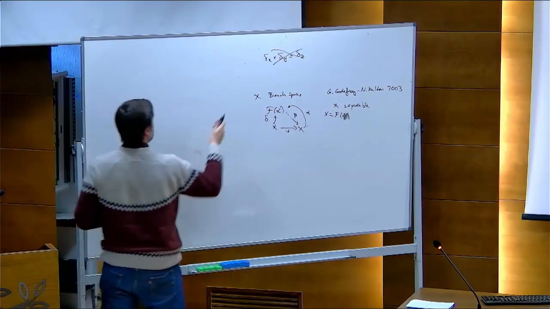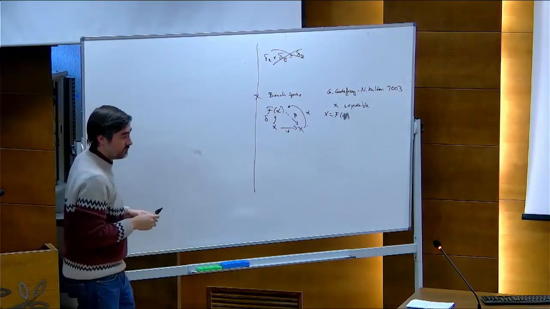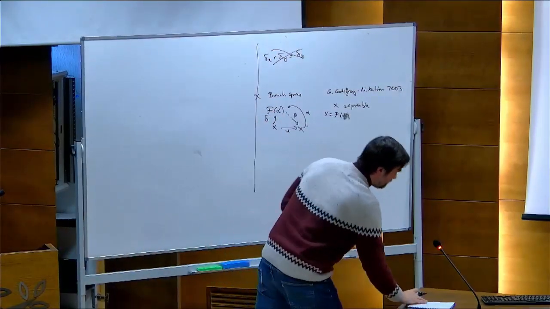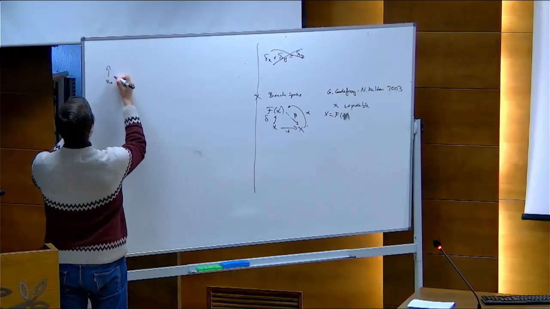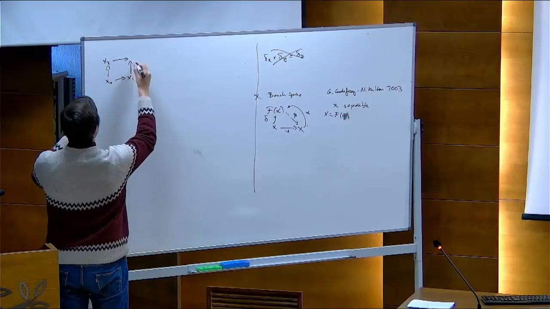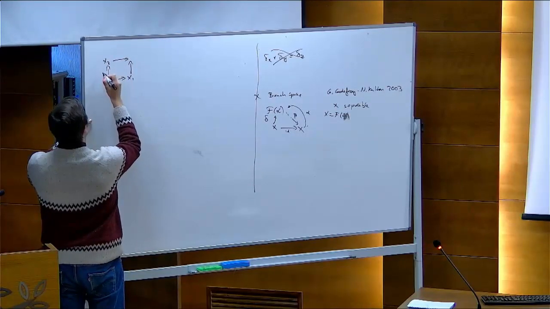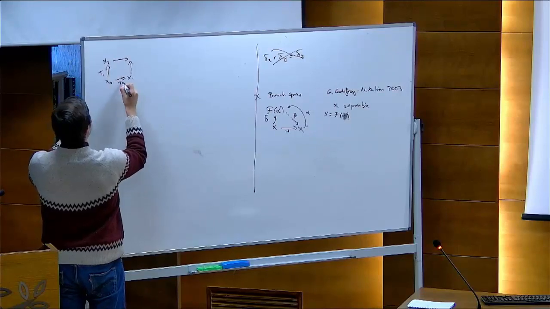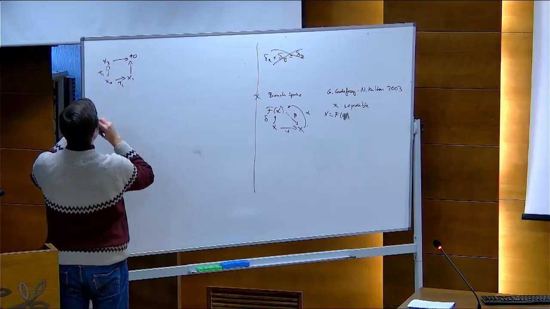So let me just recall the pictures we had this morning. These are Banach lattices now, and the arrows are lattice homomorphisms, as I said.